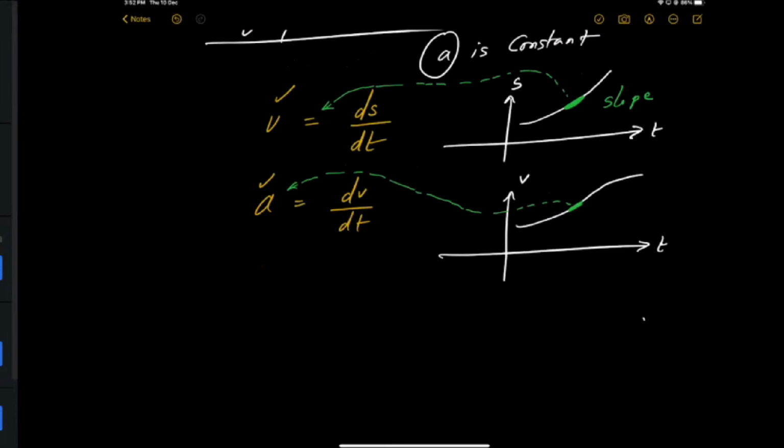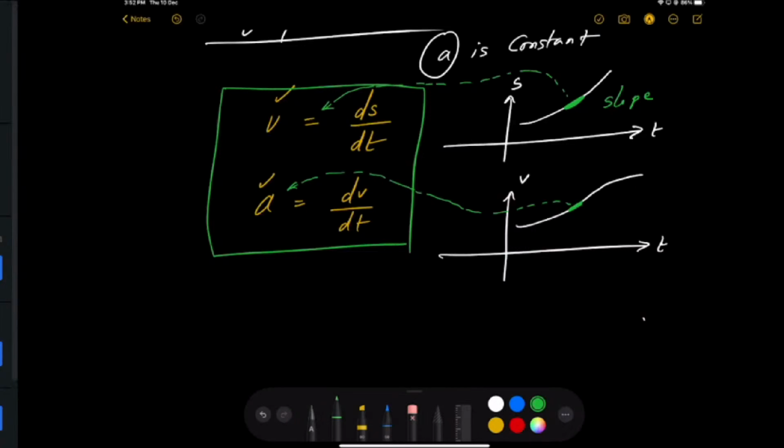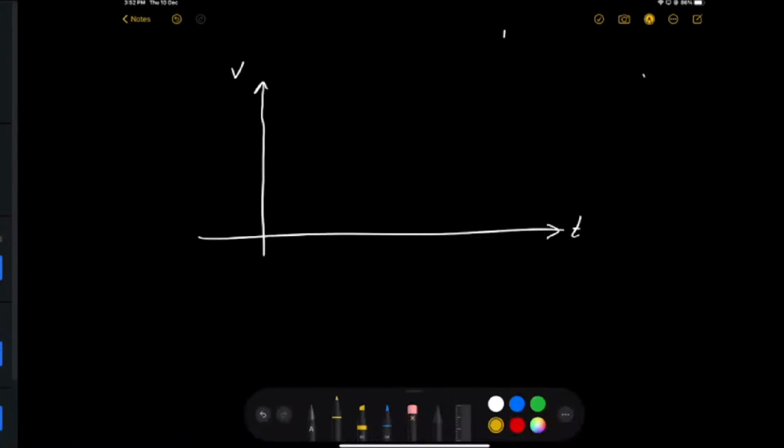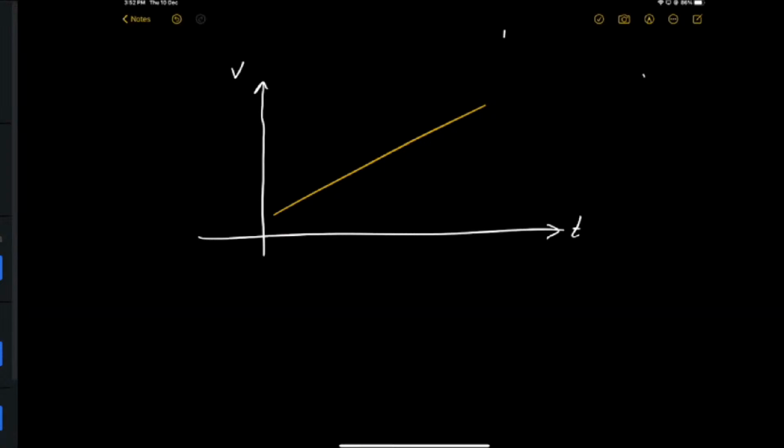So these are important terms. Now I'll go back to uniform motion, and I'll focus on velocity time graphs. So this is your time versus velocity. That means velocity plotted as a function of time. Now suppose the graph is a straight line like this. So what does a straight line signify?